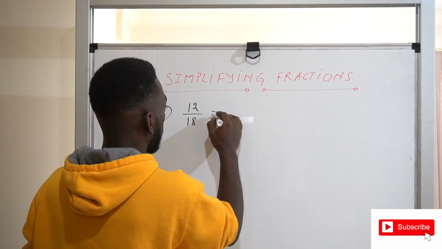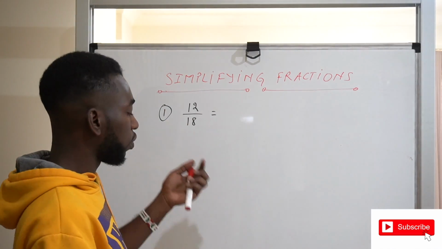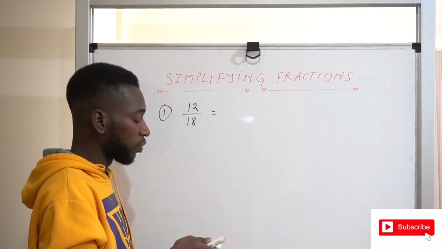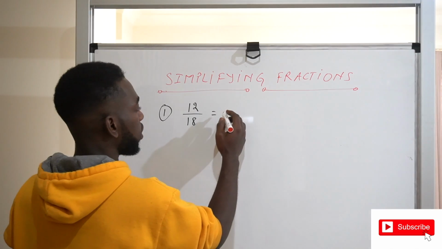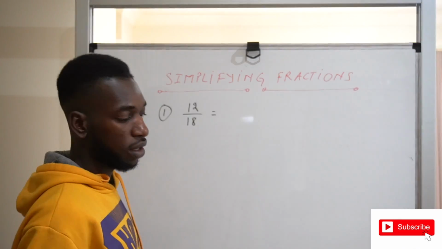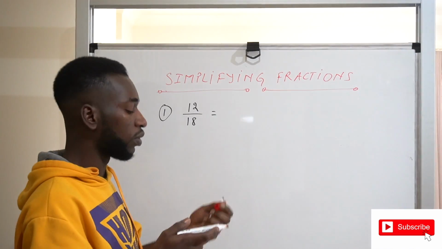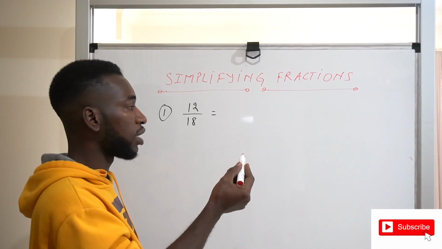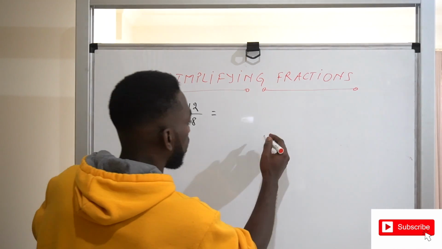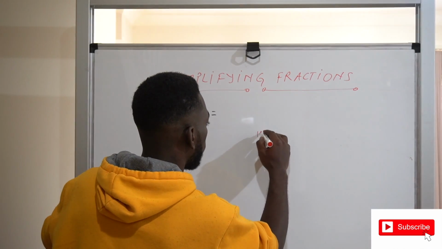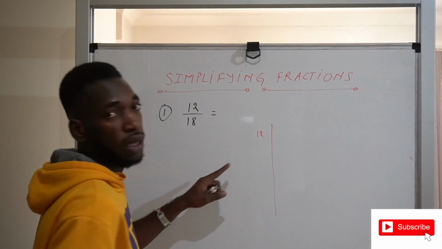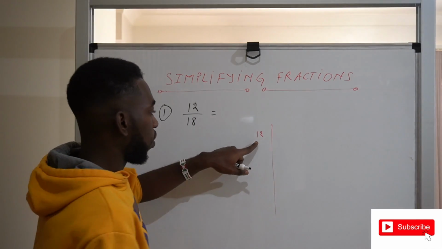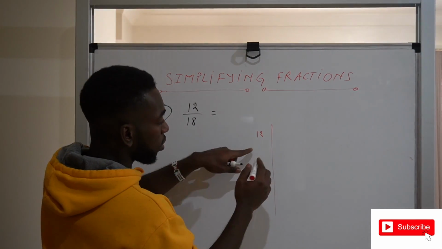Now, with this one, let's find the factors of 12. I'm going to put the factors of 12 on the side first, so we can see how it works. We have 12 here. You make a line, and you start with the smallest number.